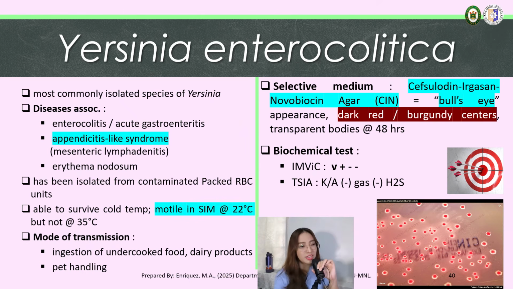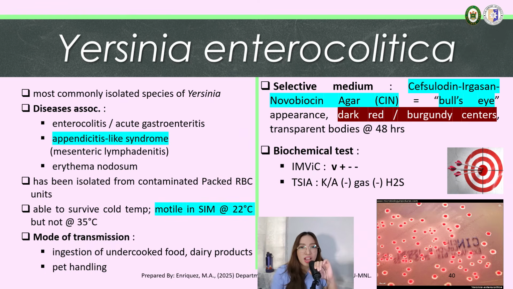All right, so on SIM or the sulfide indole motility medium, maaari daw po na mag-produce ng positive for motility ang Yersinia enterocolitica, specifically if you incubate it at 22 degrees Celsius. But we won't be able to observe this at the usual 35 to 37 degrees Celsius. So basically, kikilos lang siya kapag medyo malamig yung environment.